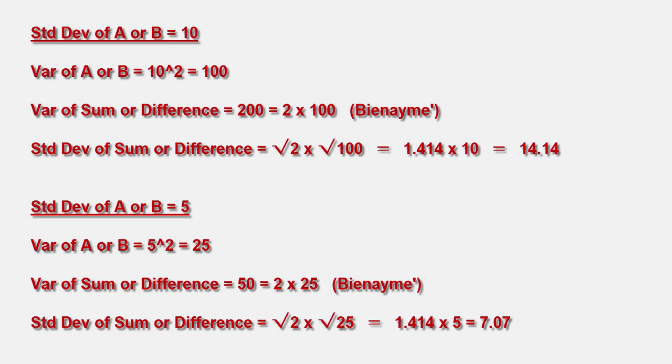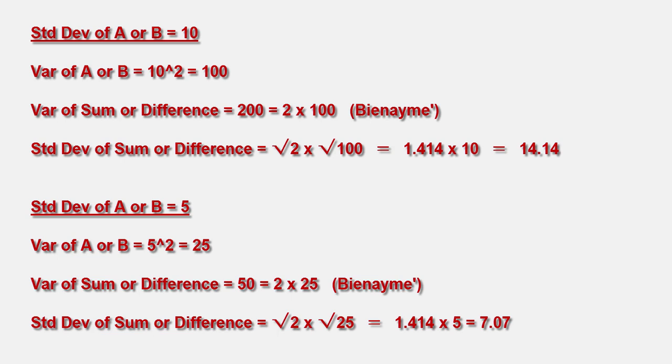Similarly, when the standard deviation of A and B was 5, the variances were both 25, so in this case, Bienaymé tells us that the variance of the sum or the difference will be 50, or 2 times 25.